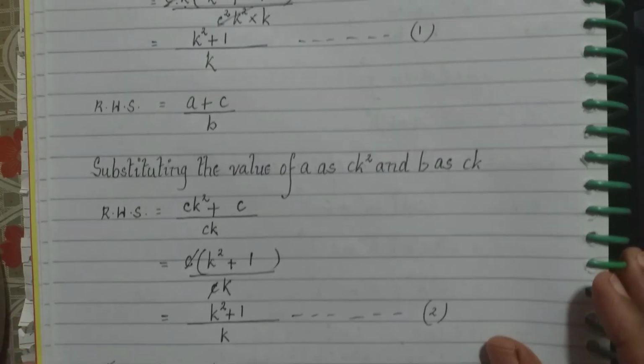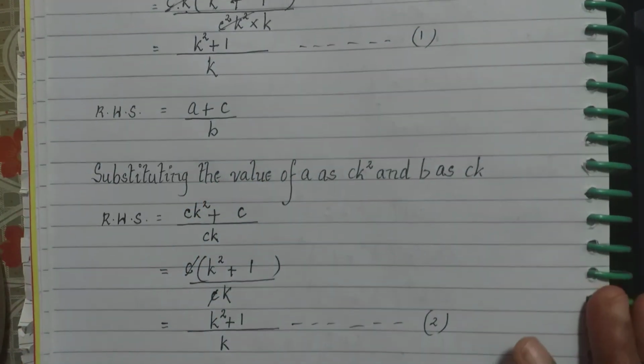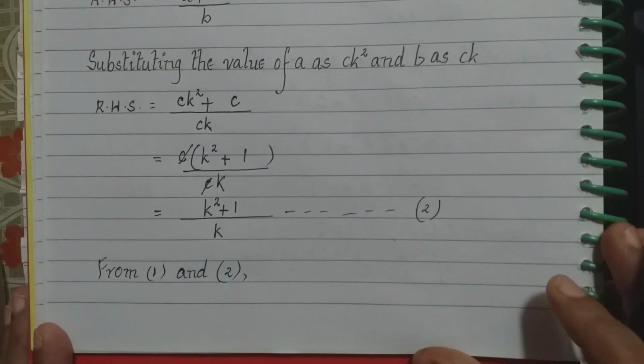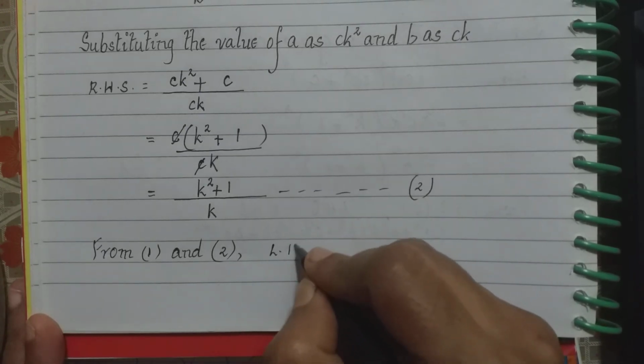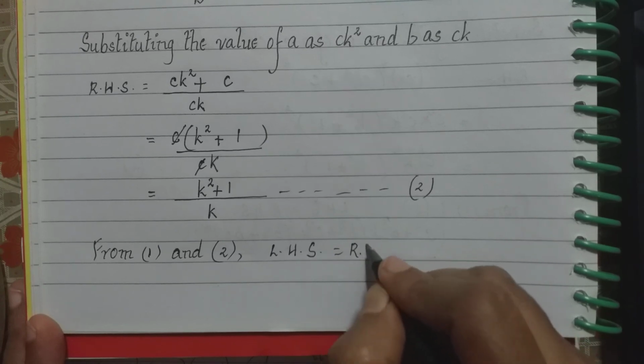Now I look at 1. What is it? K square plus 1 upon k. I look at 2. What is it? K square plus 1 upon k. So from 1 and 2, LHS is equal to RHS.